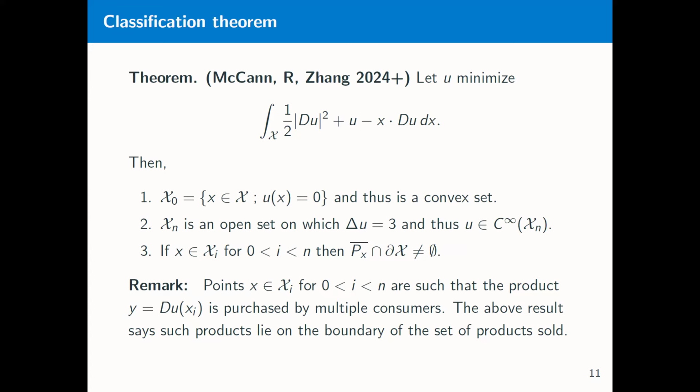This has an interesting economic interpretation. Those points are such that the consumer is buying a product that's bought by many other consumers, whereas strict convexity corresponds to products bought by a single consumer. All those products bought by multiple consumers lie on the boundary of your set of products sold.